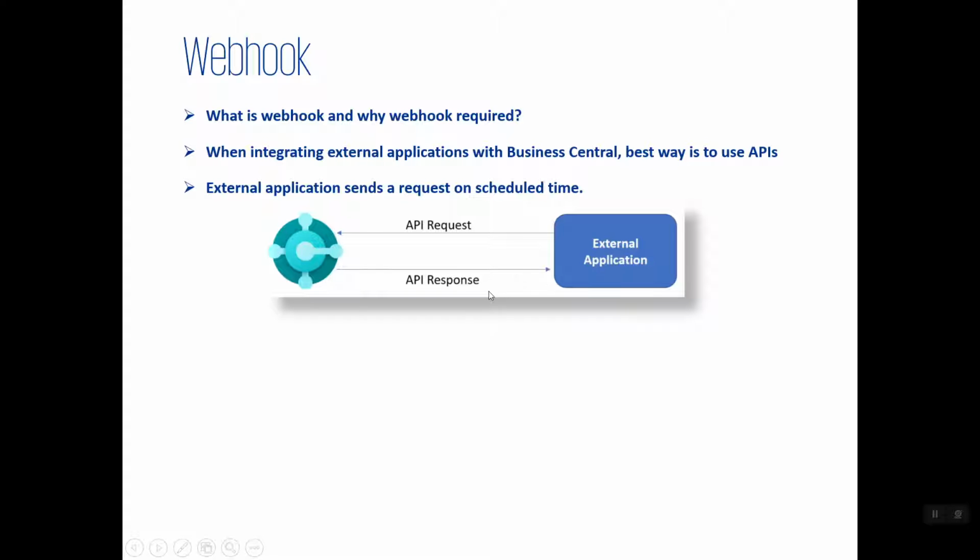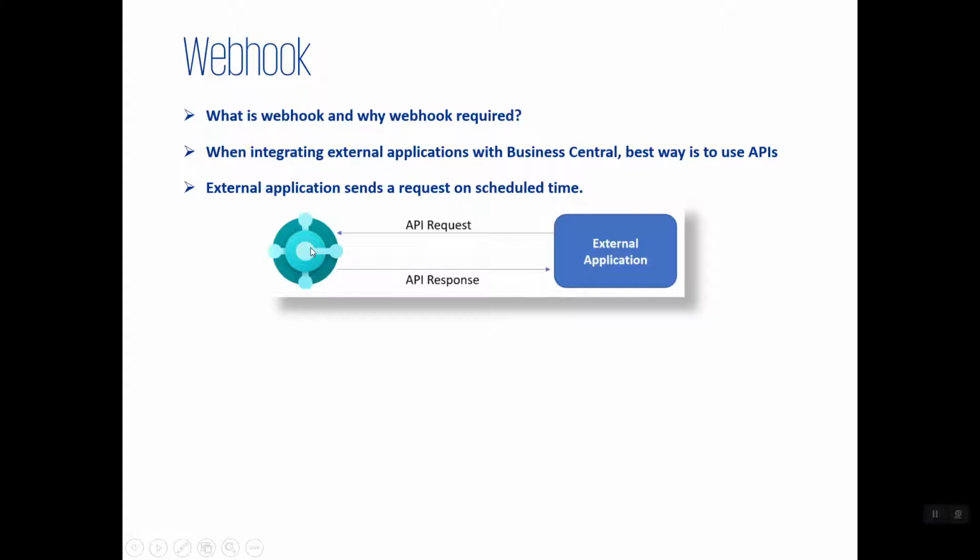So what is the exact problem we are facing here? Suppose the external application wants to get customer details every hour. So the external application will send a request at each 1 hour interval and get the responses. The external application doesn't know whether the customers are updated in Business Central or not.